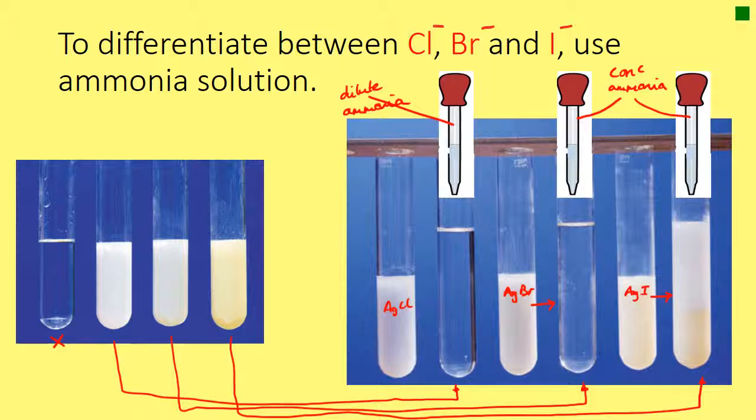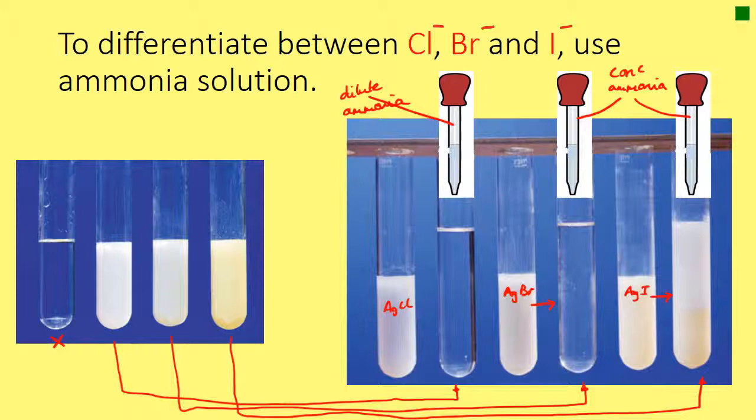So to differentiate between the chloride, bromide and iodide, notice we haven't got the fluoride here, we're using ammonia solution. This is the same samples from before, and we're not going to use the fluoride one, but we are going to take the chloride, and add some concentrated ammonia to it.